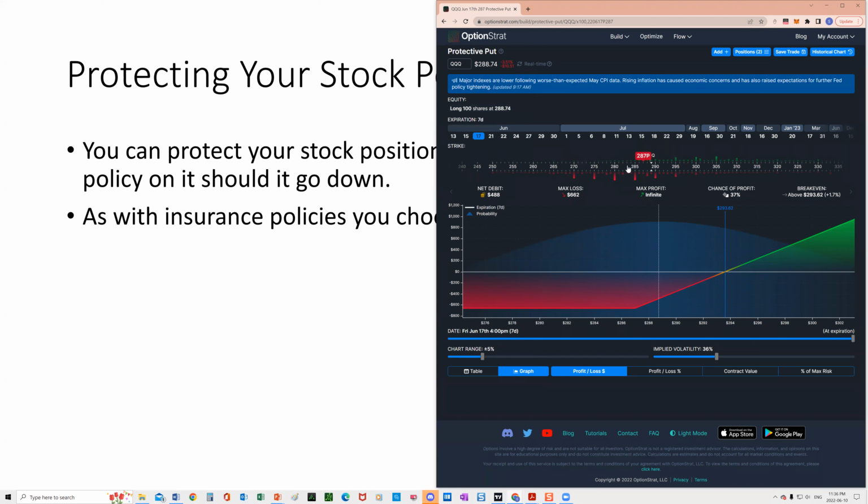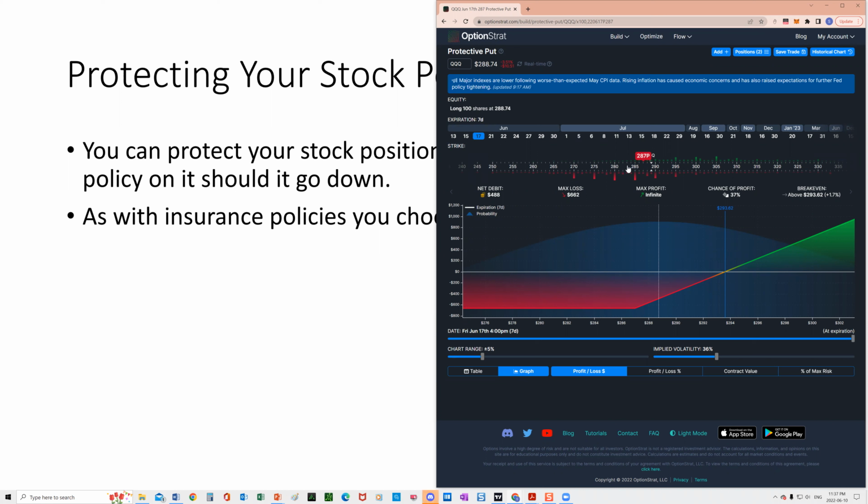So let's say it was back at the beginning of the year, and you were holding Amazon stock or Tesla or Nvidia or whatever. And you thought, okay, maybe the market's going to take a dive. And you don't necessarily want to sell your position for whatever reason. Well, you can buy a protective put. It's called a married put. It's basically an insurance policy.